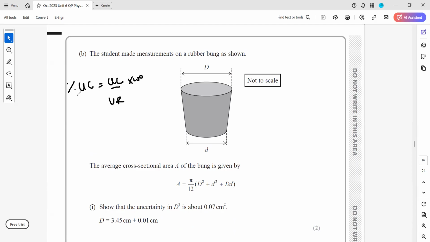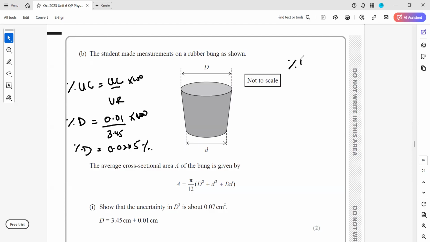First, we wrote the percentage uncertainty formula for D. So the percentage uncertainty for D is the uncertainty of D, which is 0.01, divided by the value recorded, which is 3.45, into 100. That is the percentage uncertainty in D, which we were getting as 0.0285, I think. Now we use the same formula.